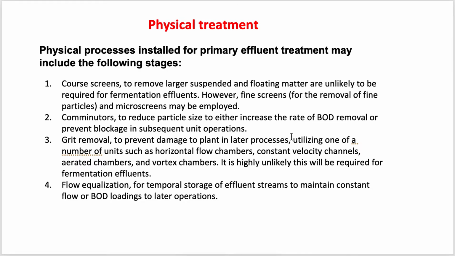The grit can be removed in different ways, like using horizontal flow chambers or constant velocity channels, aerated chambers and vortex chambers, etc. However, grit removal is highly unlikely to be required for fermentation effluents, because fermentation effluents don't contain sand or grits.